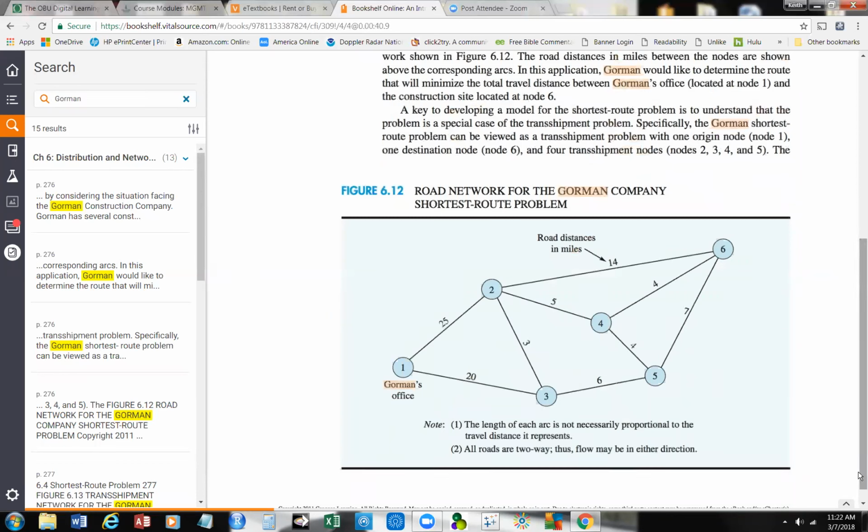Now, this is a little bit different. This is more like what we would deal with where we might use PERT CPM, which is Program Evaluation Review Technique, critical path method.